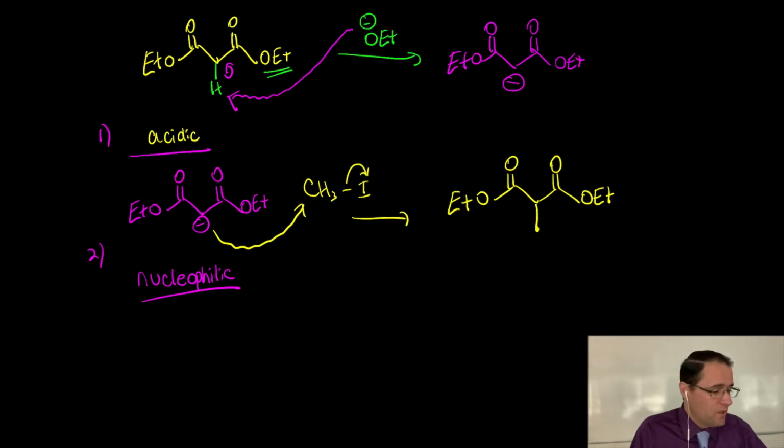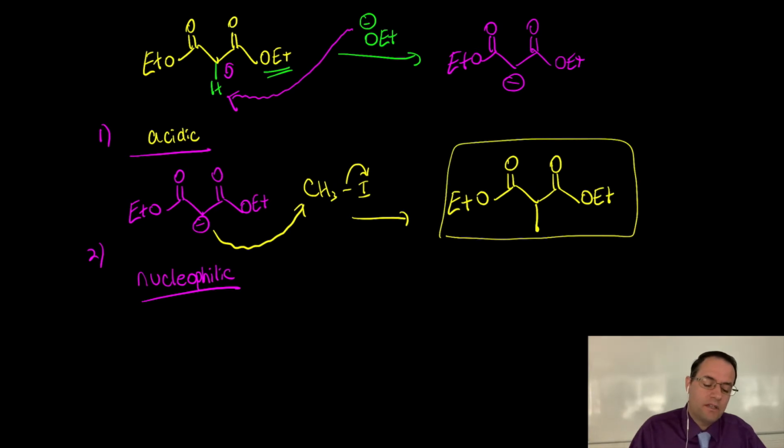Now, what we can do is a third thing. Let's start with this on the next slide. This is the third thing to recall. Let's draw out our diethyl malonate with the methyl group.